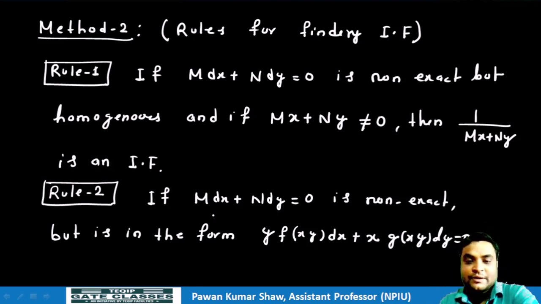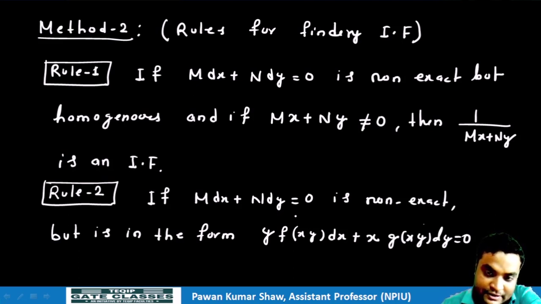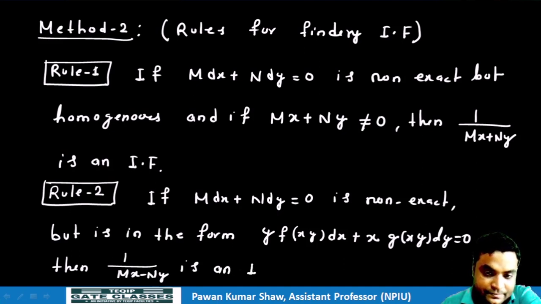That is, if the differential equation M dx plus N dy is non-exact and is in the form of y times a function of xy, the product of x and y, plus x times another function of xy, then 1 by Mx minus Ny is an integrating factor. This is rule number 2.